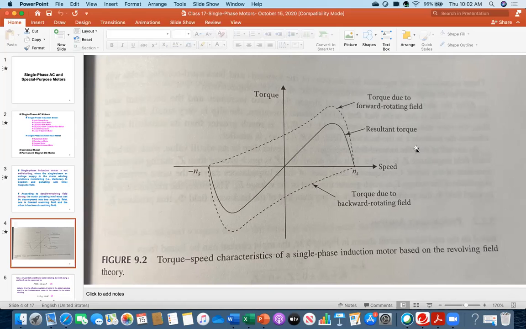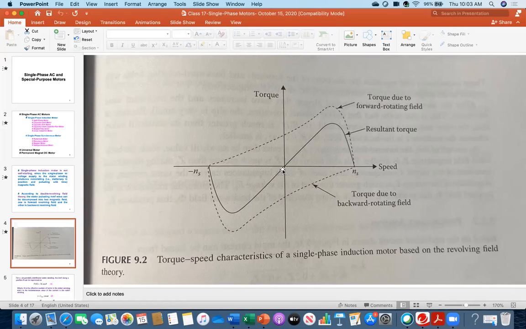So in the exam or any time, if you are asked to draw the torque versus speed curve of a single phase induction motor, then it is better to show all three. Of course, if you just show this bold one, that is fine. But you can show that this is the forward field, this is the backward field, and this is the resultant field.